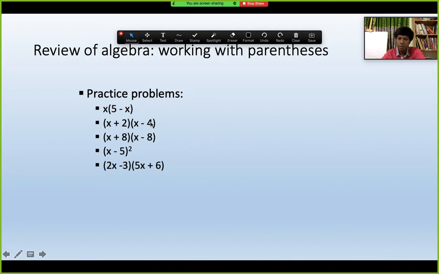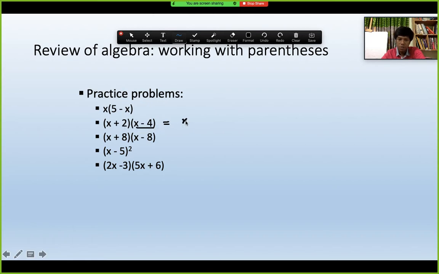Then when you have two quantities like this, x plus 2 into x minus 4, how do you multiply it? First, multiply x with both terms.